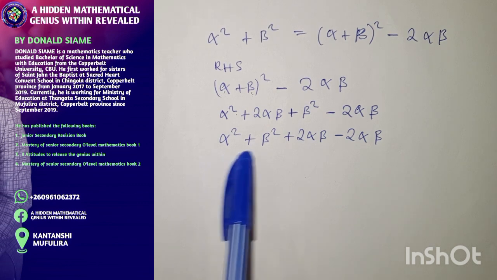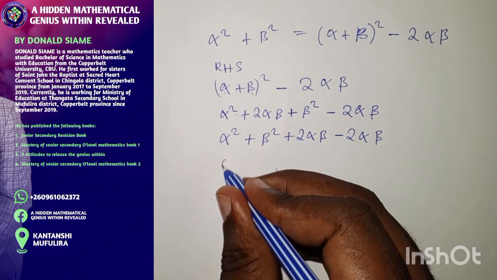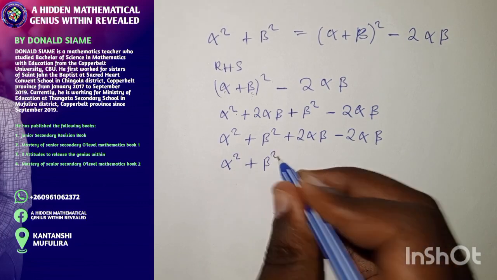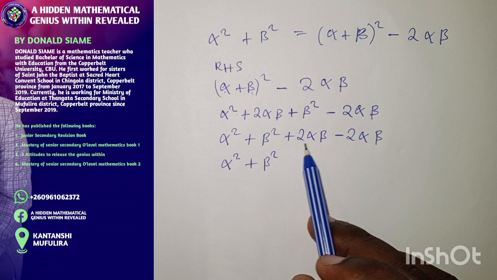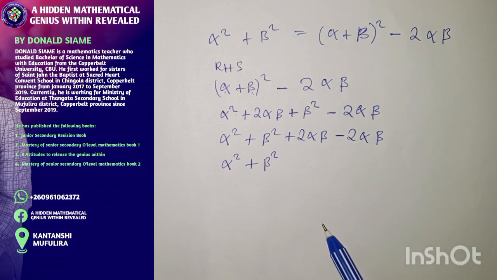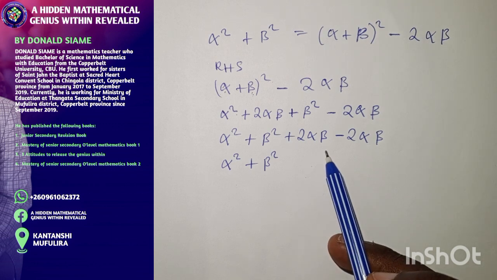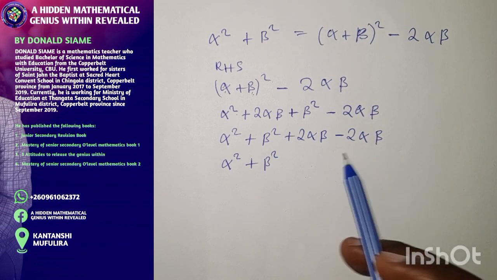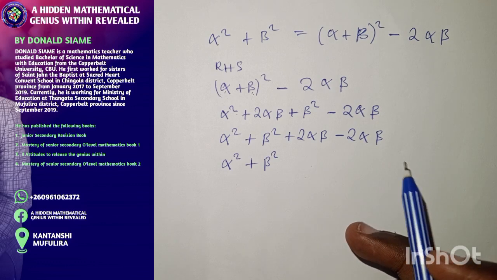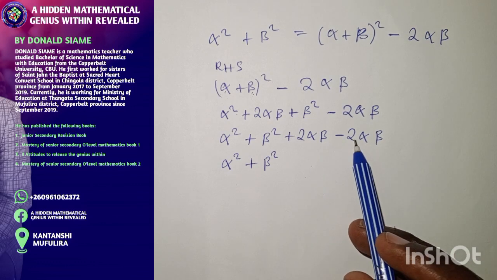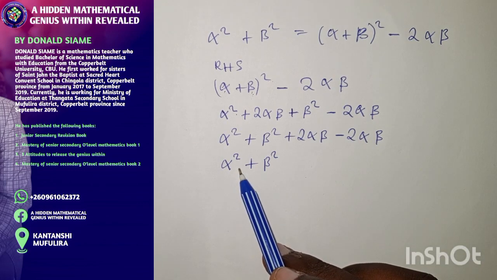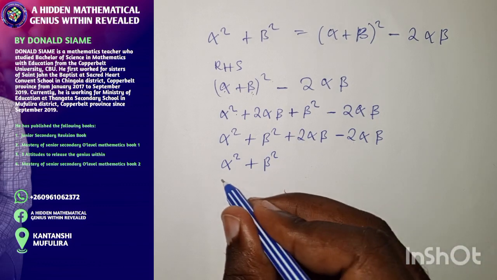So alpha squared plus beta squared will remain as it is. But here we have 2 alpha beta minus 2 alpha beta. What do you get? This is just a 0. So these two cancel out. So you remain with alpha squared plus beta squared.